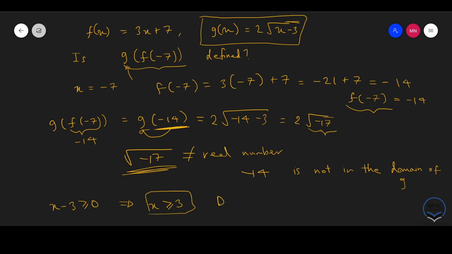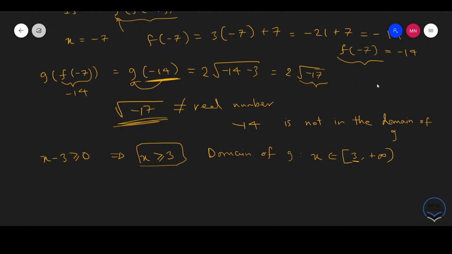So our domain of G is actually x, which is an element of the interval starting from 3 up to positive infinity, and 3 is included in our domain, right?